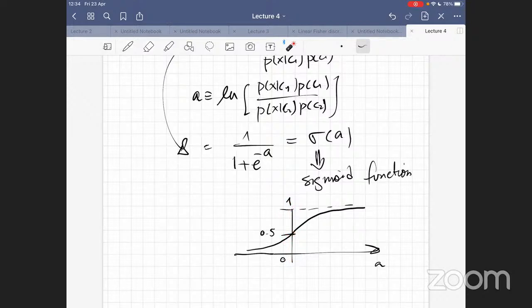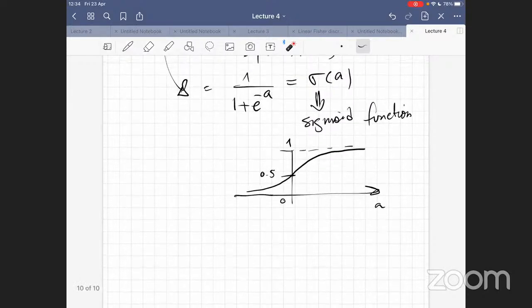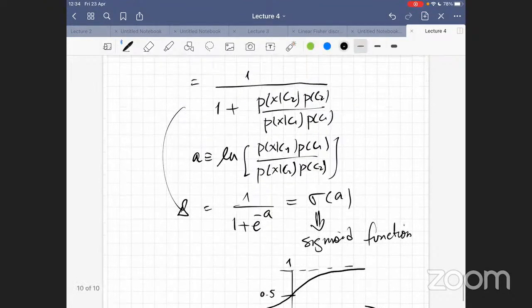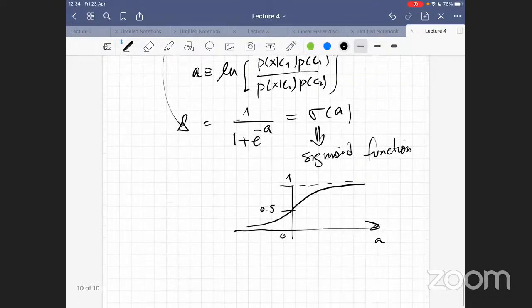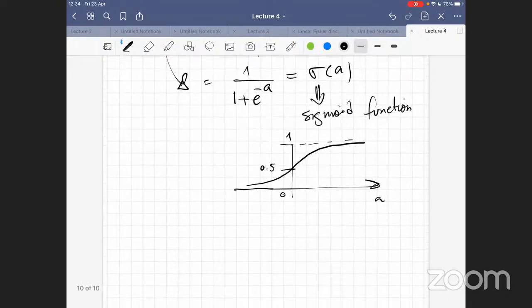What I was trying to say is that every generative model can be reparametrized as the argument of a sigmoid, at least for two classes. This is a generic result, no matter what your model behind your likelihoods is. You can always write it in this way.